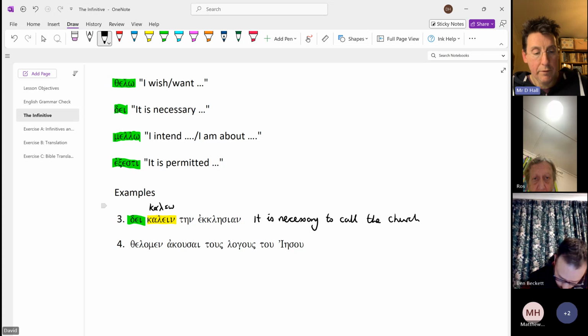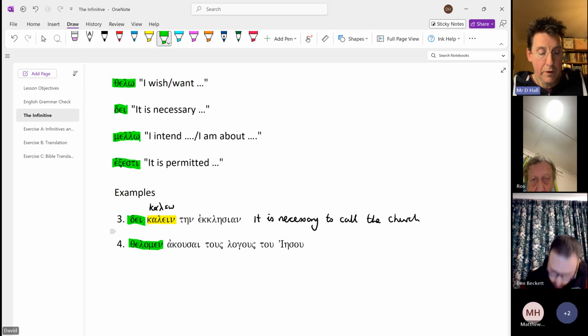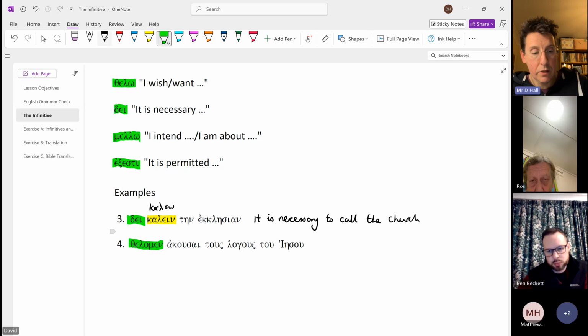And then here we have the last example. We've got thelomen, which is the first person plural of the verb to wish. So we wish, or we are wishing, or we want. Let's put it as we want, because of what follows.